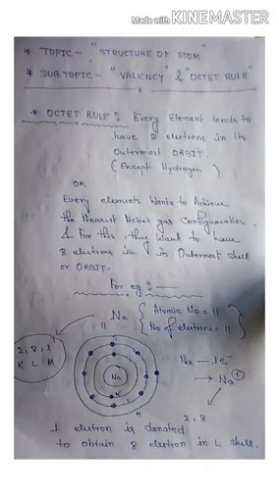Why? If we ask our teachers why, then they will tell you that every element wants to achieve the noble gas configuration, the nearest noble gas configuration, and for this they want to obtain 8 electronic structure in its outermost shell or outermost orbit.